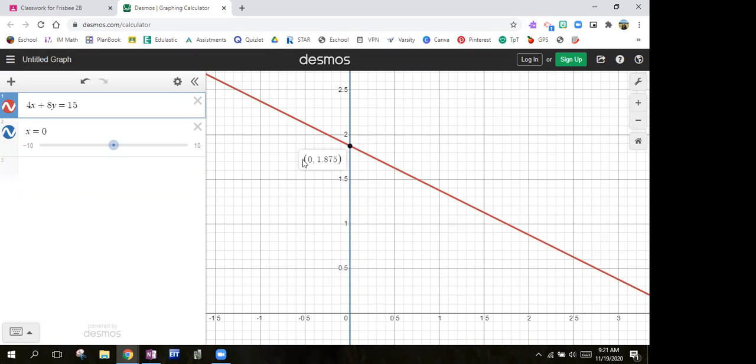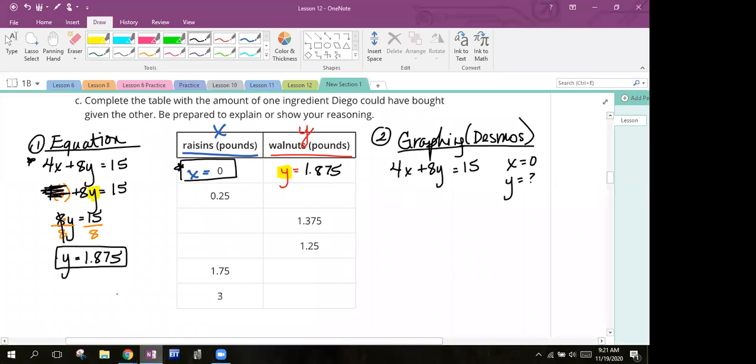And right there, when x equals 0, what does my y equal? 1.875, which is exactly what we got when we worked it out, which makes sense. It's the same thing. I'm just showing you two different ways to solve it. Okay, so that would be what you put in the table.